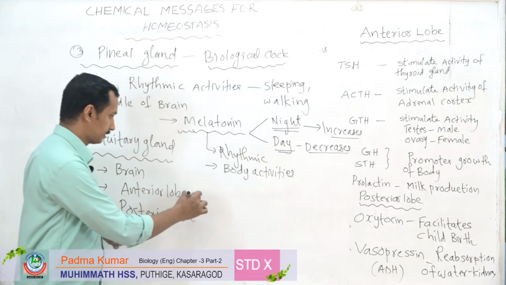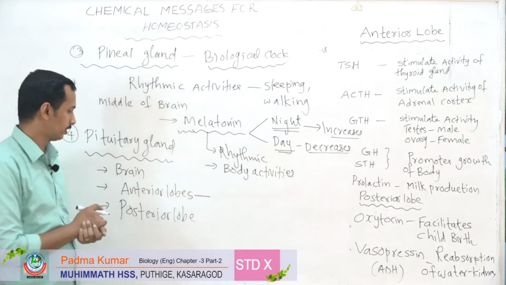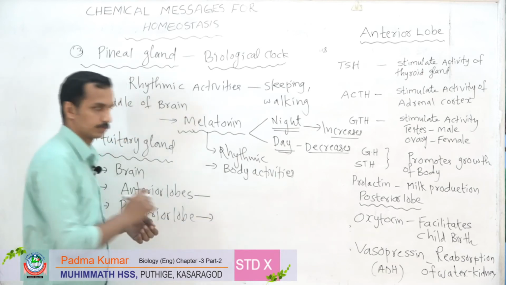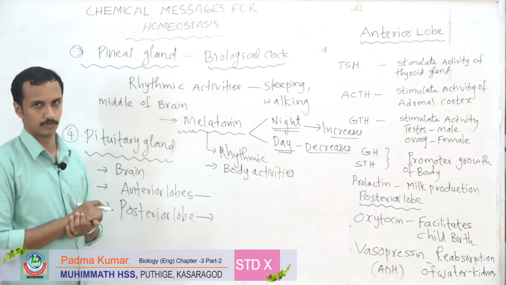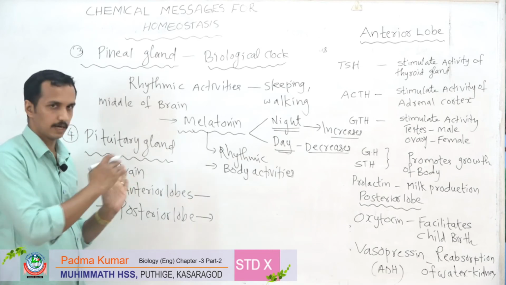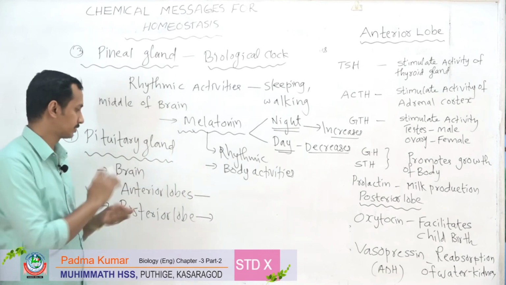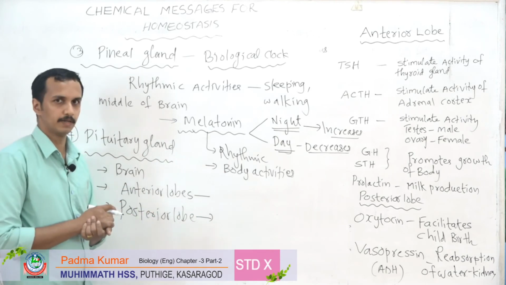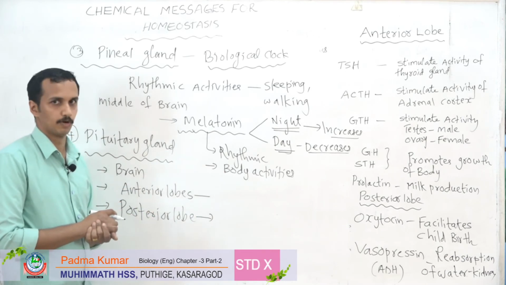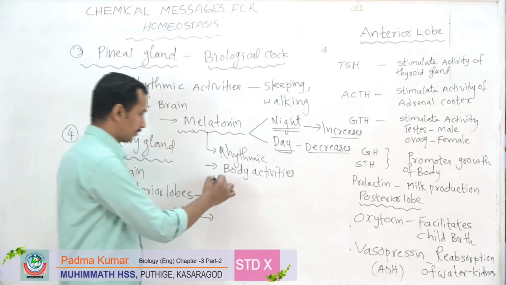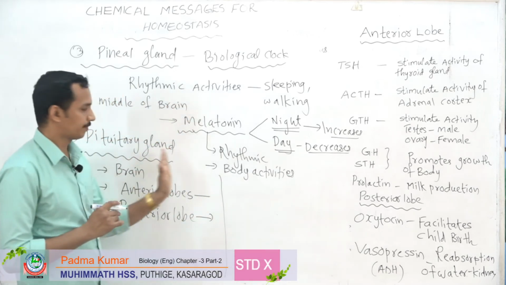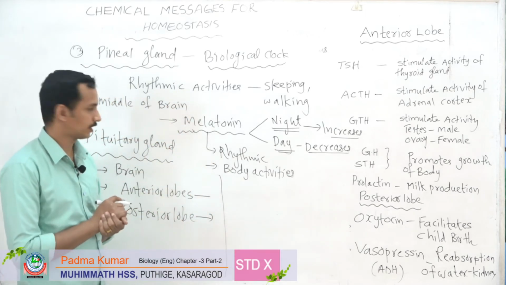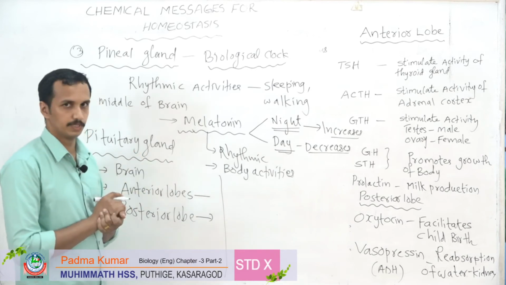The anterior lobe also secretes some hormones, and the posterior lobe also secretes some hormones. We can discuss what are the hormones secreted by anterior lobe, then what are the hormones secreted by posterior lobe.